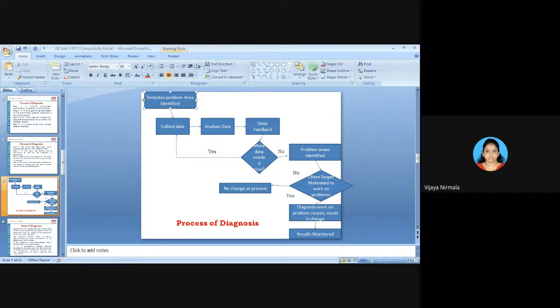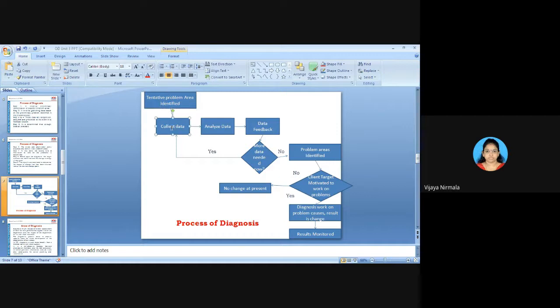These preliminary attempts often bring out the symptoms, as well as the possible problem areas that are being identified in step 1.